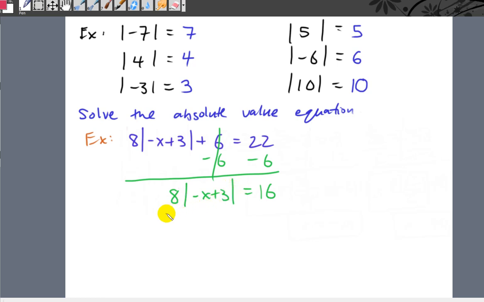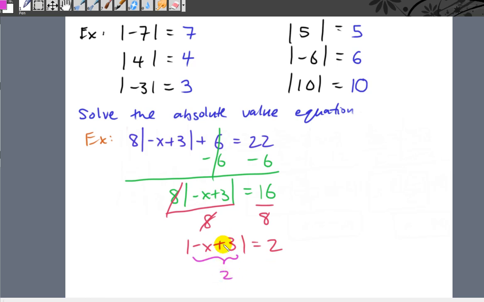This 8 is on the outside here, so what we can do is divide by 8. When we divide by 8, we get the absolute value of negative x plus 3 equals 16 divided by 8, and that is 2. Okay, so like I mentioned earlier, let's think about this situation. The inside here has to be negative 2, so the absolute value of negative 2 is positive 2.